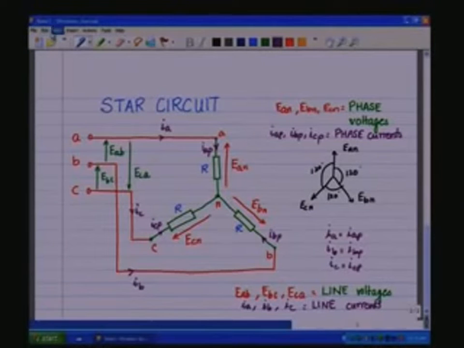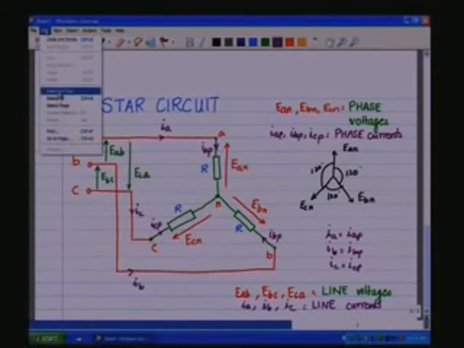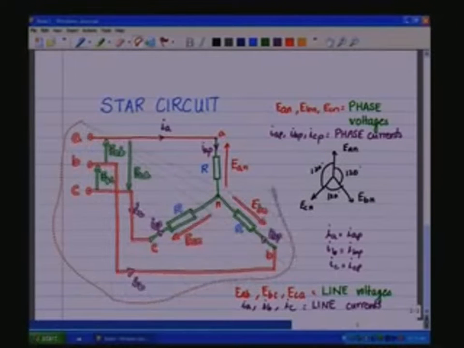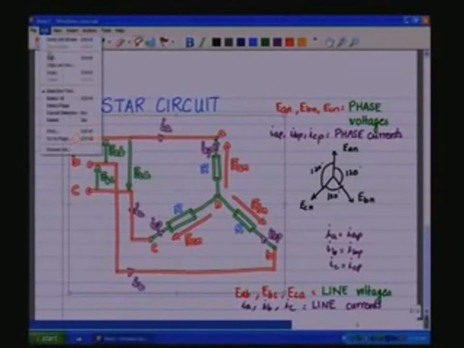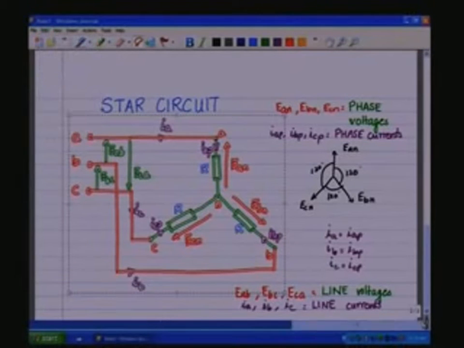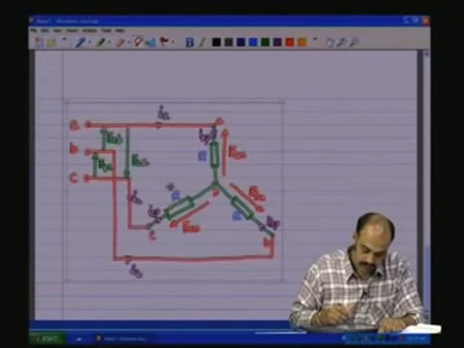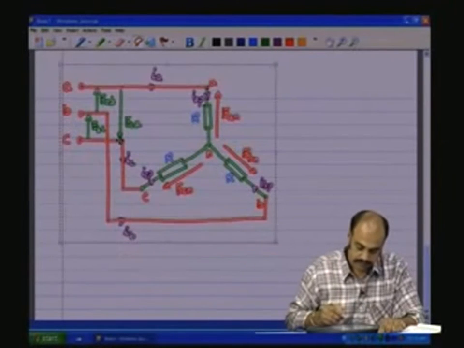So, now let us bring about a relationship between these various voltages and currents. So, for that let us have a copy of this circuit, so that we need not repeat draw. Let me copy it, let us go here and then paste it, the next page.